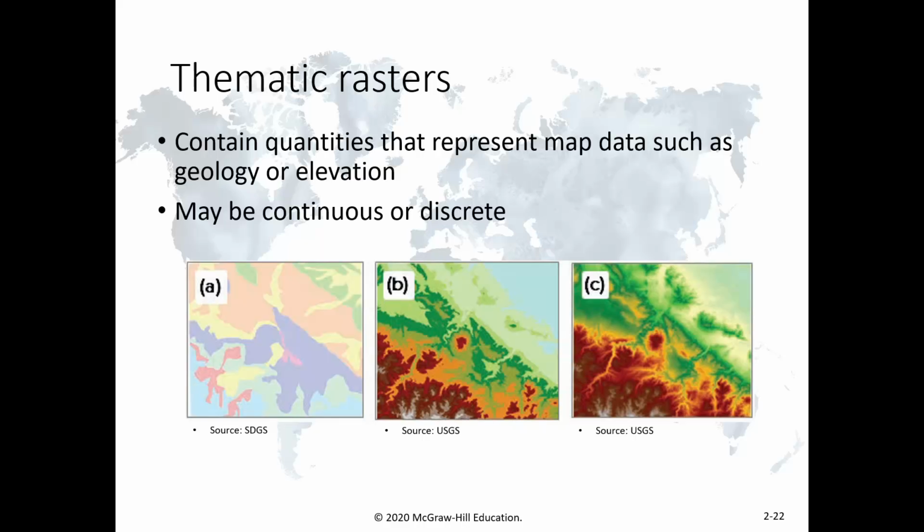If you remember, generally when we talk about discrete data, that means that there is pinpoint accuracy, something that can be measured. Most of the time the difference between continuous and discrete data is linked more closely to vector data, but that does not mean that it is impossible to show raster data as being discrete.